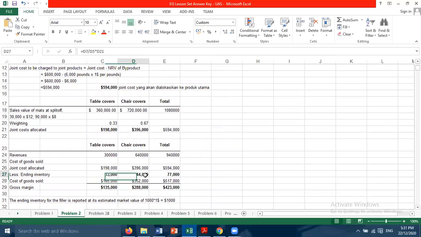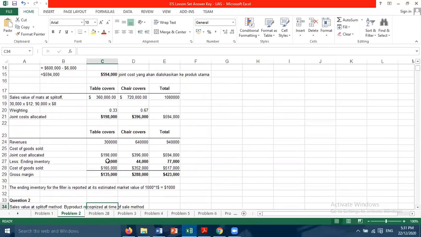We just need to do the same thing for chair covers. Then we'll be able to find the cost of goods sold, and once we do, we just deduct it from the revenues to find the gross margin. And we'll be able to answer question 1, which is the ending inventory cost here and the gross margin here.